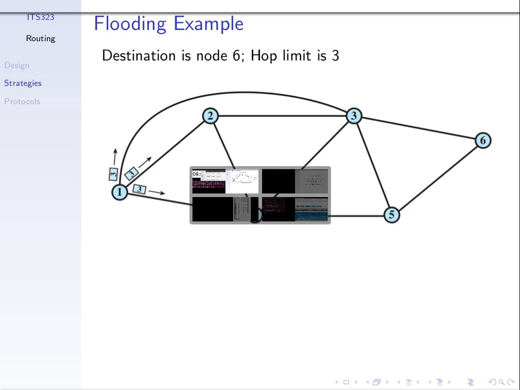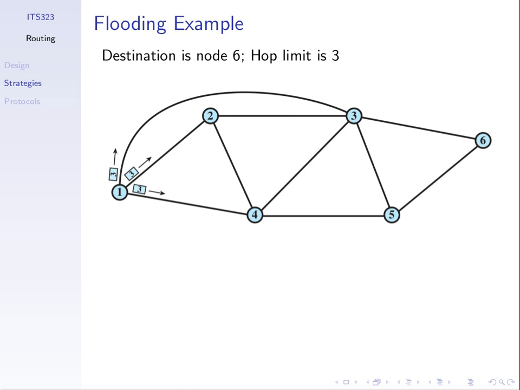The first step is the source sends a copy of the packet to its 3 neighbours. So 1 sends to 2, 3 and 4. We're going to keep this simple and say that when we send a packet across a link, it arrives at each of the destinations all at the same time.